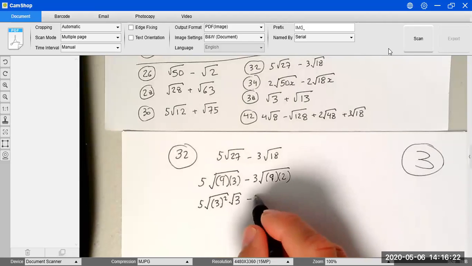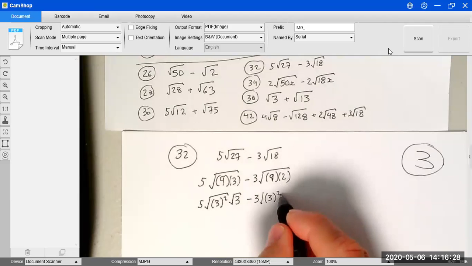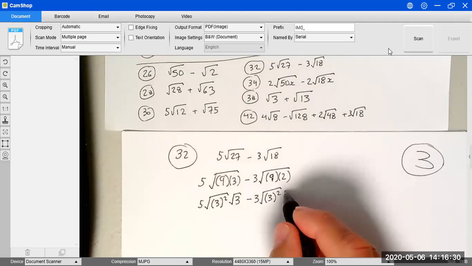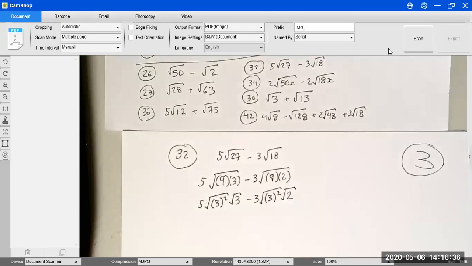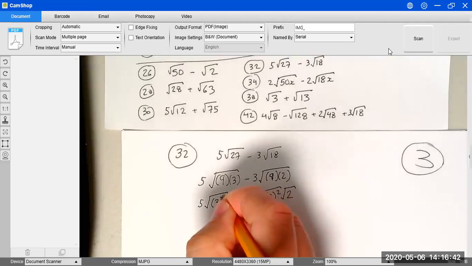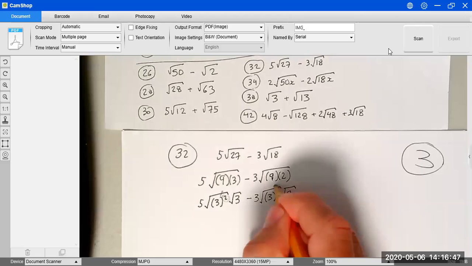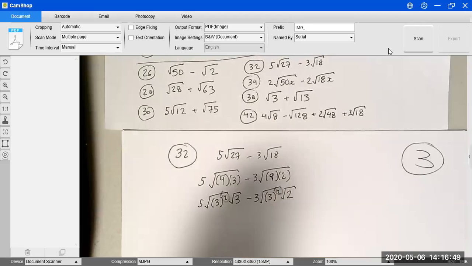Then I have 3 here as the coefficient, and I write 9 as 3 squared again. Finally, I have a radical for the non-perfect square, which is 2 in the second term. Now we are able to cancel this exponent and this radical, and also remove this radical and this exponent.